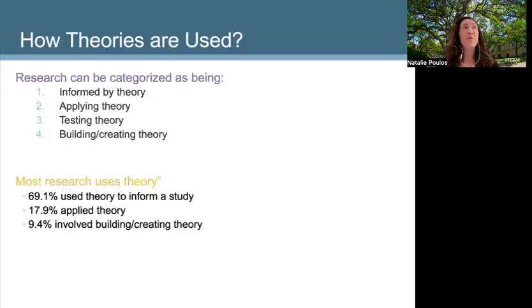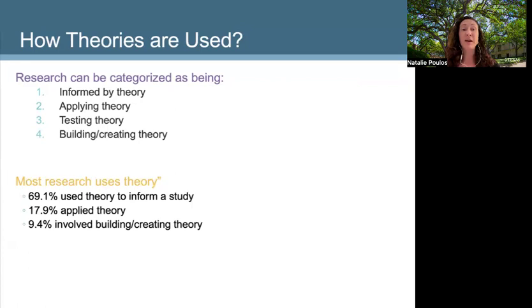So thinking about how we take those theories from a very abstract context into actually creating health behavior change, we can generally categorize research into one of these categories. So one is informed by theory: thinking about the overall theory of health behavior change, or the health belief model, or theory of planned behavior, or social cognitive theory, and then using that knowledge to help shape whatever intervention you might be planning.